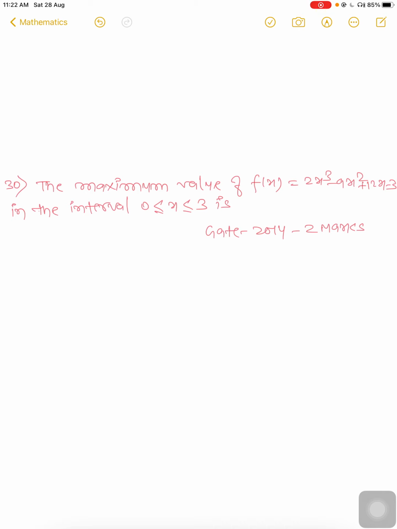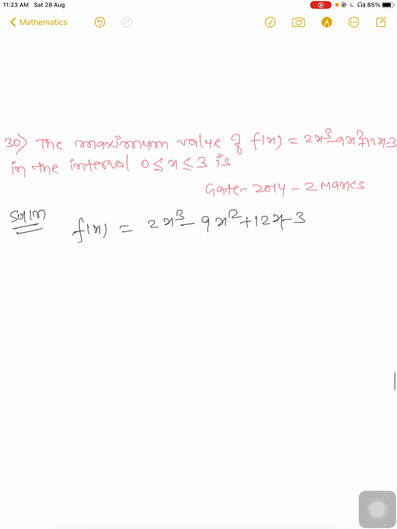Now coming to the question. We have to find the maximum value of f(x) in the closed interval 0 to 3, where f(x) = 2x^3 - 9x^2 + 12x - 3.